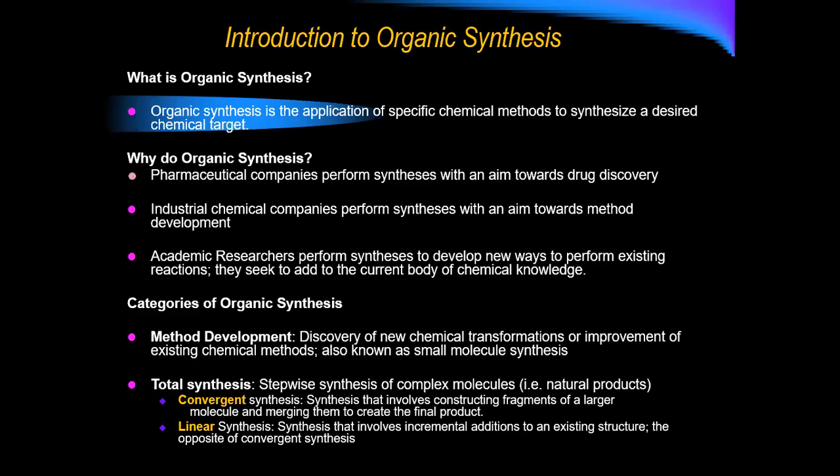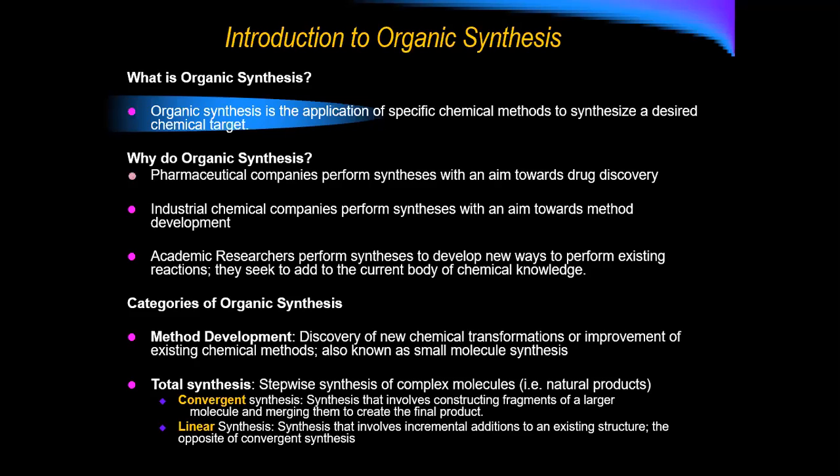Sometimes you can derive targets from natural products, but we're going to see in a second, sometimes that's not beneficial for the environment. And the other part is you just don't get enough of that compound from natural sources, so you have to have a way to make it. And then in academia, we do synthesis to develop new ways to do existing reactions.